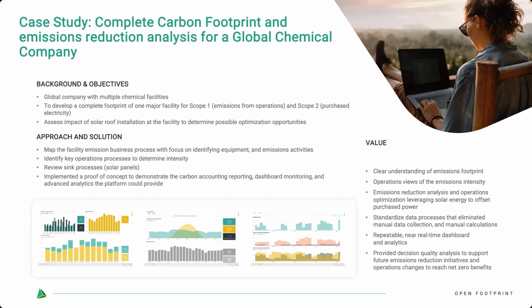For them, scope 1 was primarily emissions from operations, where they had diesel consumption and propane consumption on facility equipment. They also had a large part of their footprint through electricity consumption, where they wanted to automate getting data from a smart meter infrastructure in the state, get all the connections automated, and start producing dashboards and reports for that particular facility. So that was the initial requirement with which we started.